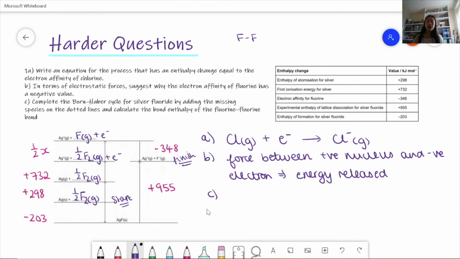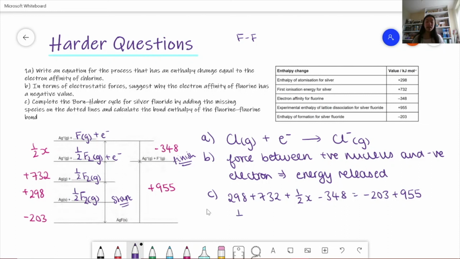So we have an equation that looks like this. We have 298 plus 732 plus half x minus 348, and that is equal to minus 203 plus 955.